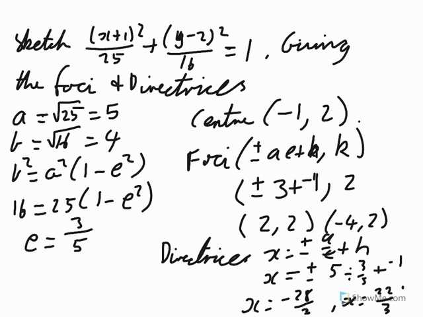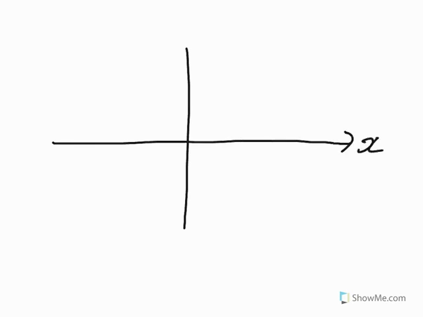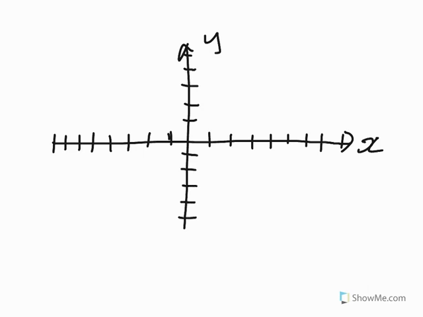So now we need to just go ahead here and sketch it all. So let's clear all of that. Here's our Cartesian plane. So 1, 2, 3, 4, 5, 6, 7, 8. Okay, so centre. Our centre was at -1, 2, so there's our centre.